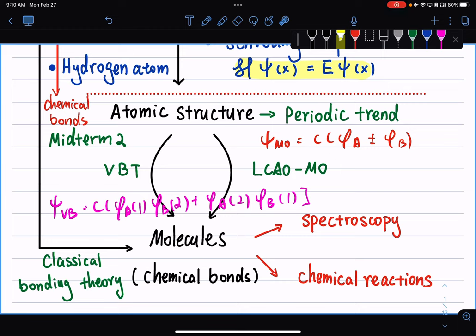Valence bond theory takes the product of atomic orbitals to give you an estimation of your electron density. For valence bond theory, last lecture, we also talked about hybridization. Valence bond theory itself sometimes does not rationalize chemical bonds in multi-atom molecules like CH4 or BH3. So that's why we introduced the idea of hybridization.